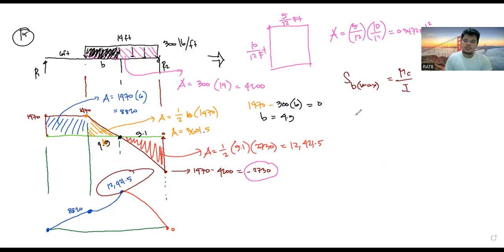M is 12,421.5, unit is foot pound. We just convert it to inches again, 12 inches per foot.